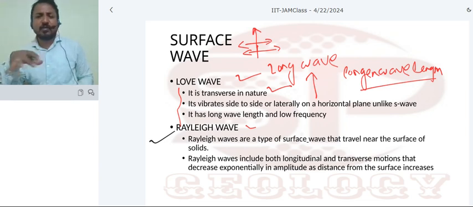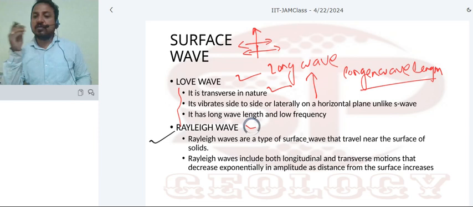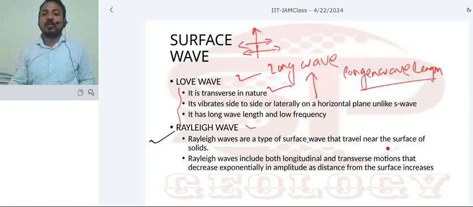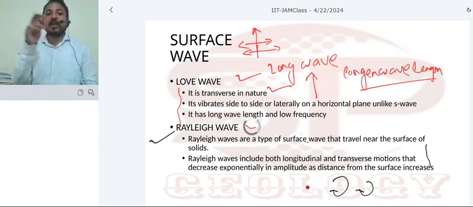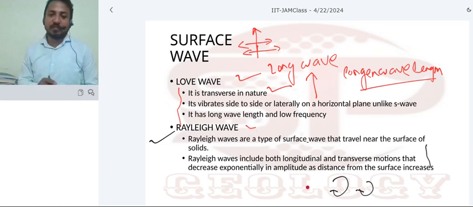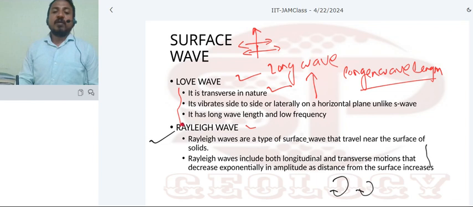It is similar to an ocean wave, and the particle shows circular, elliptical motion in the Rayleigh wave.